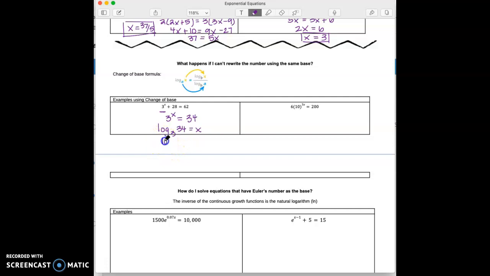But if you're using a standard 4-function calculator, then you'll have to use your change of base that we talked about. And again, log base 10 is nice because that's what calculators are already programmed to do. So log of 34 divided by log of 3, so 3.2 would be my answer for that one.